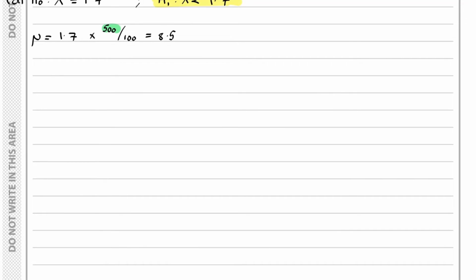And what we can do is, let's just write this down. If we let the random variable E be the number of errors in a piece of work, then we can model this with a Poisson distribution with parameter 8.5.